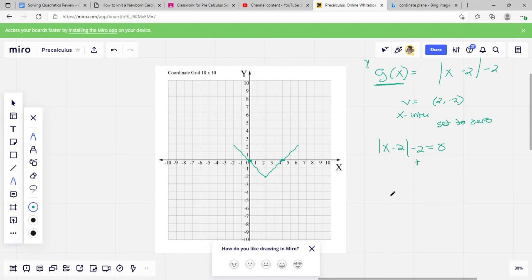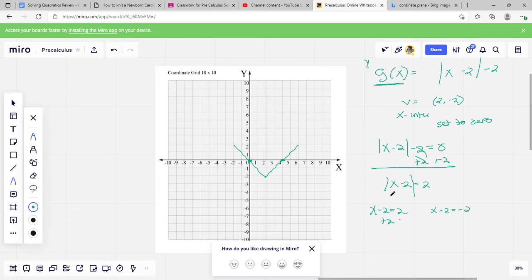So I'm going to do plus 2, and I get the absolute value of x minus 2 equals 2. But then I have to get rid of this absolute value sign, I have to do the positive and negative outcome. So I could say x minus 2 equals 2, and x minus 2 equals negative 2.